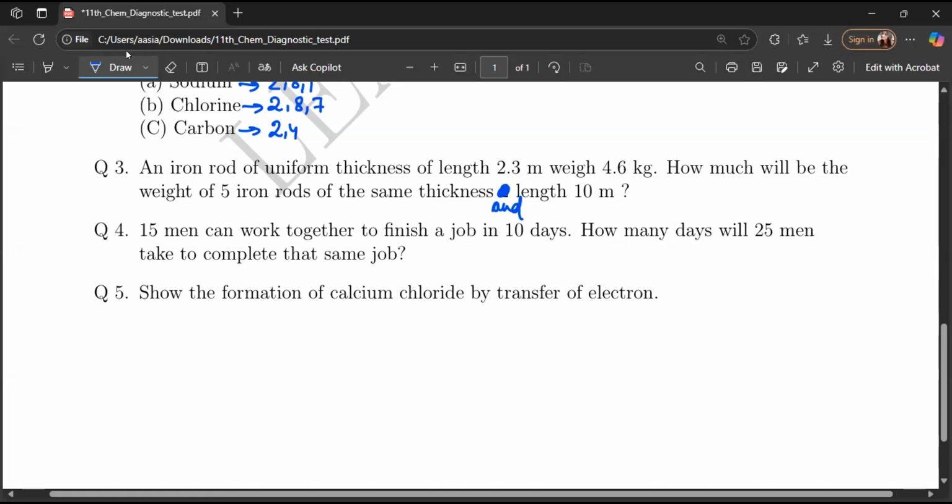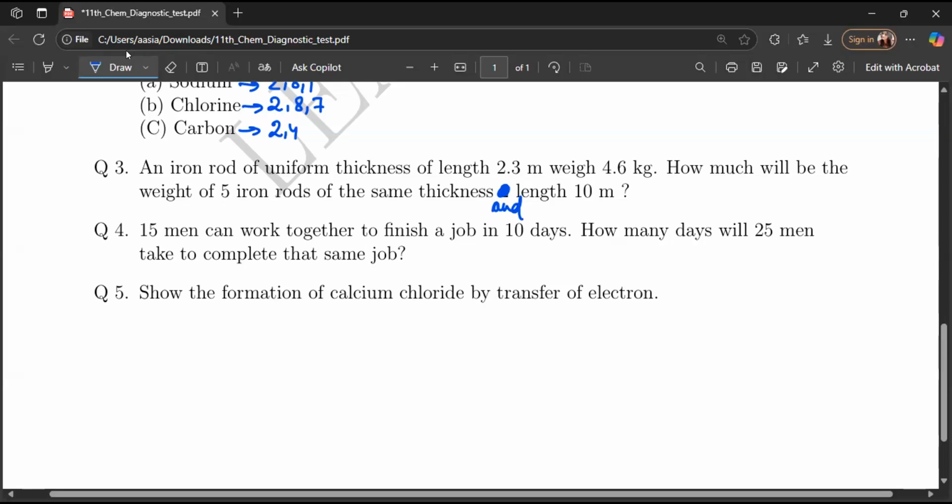One second. Yes. I did the fifth one first.